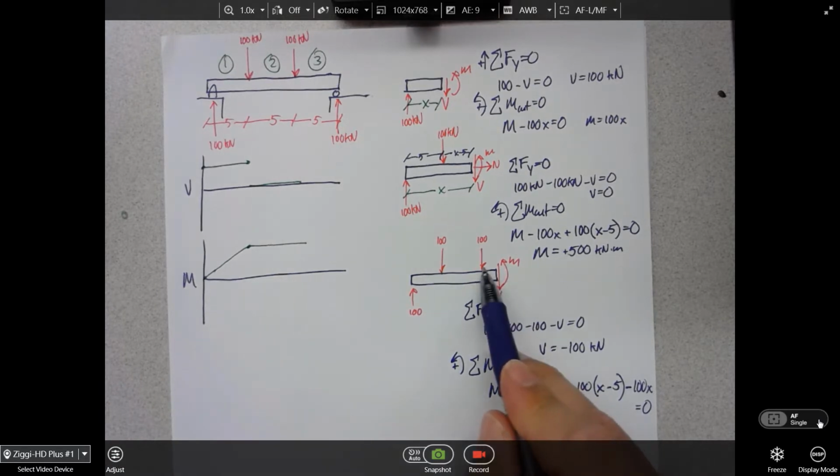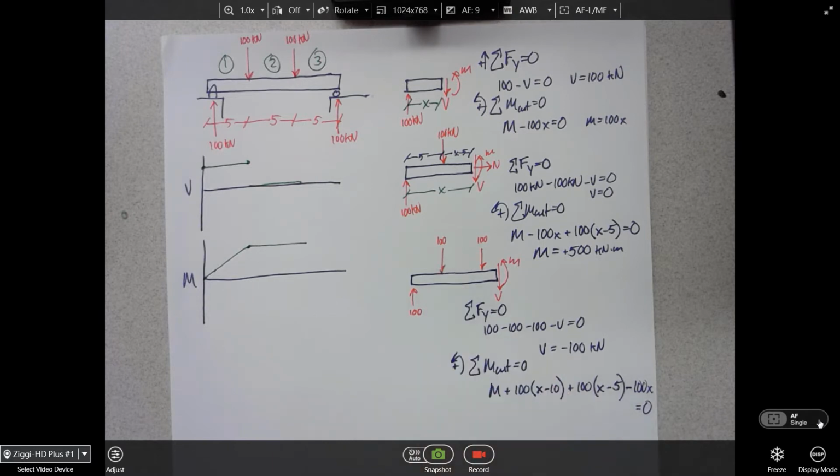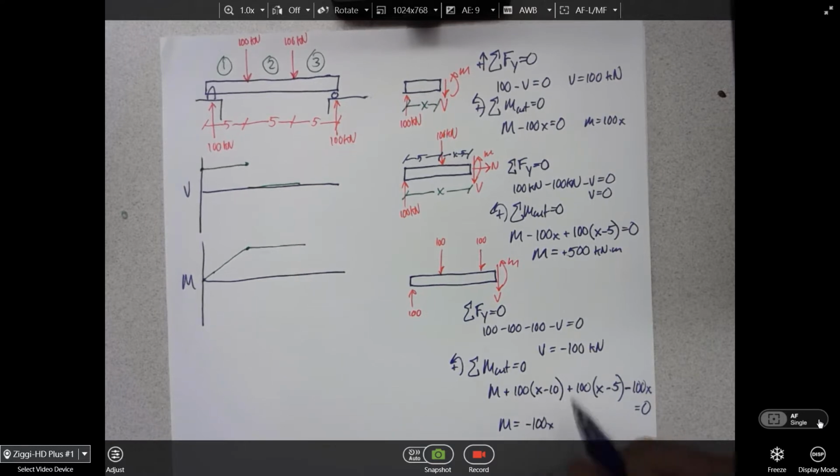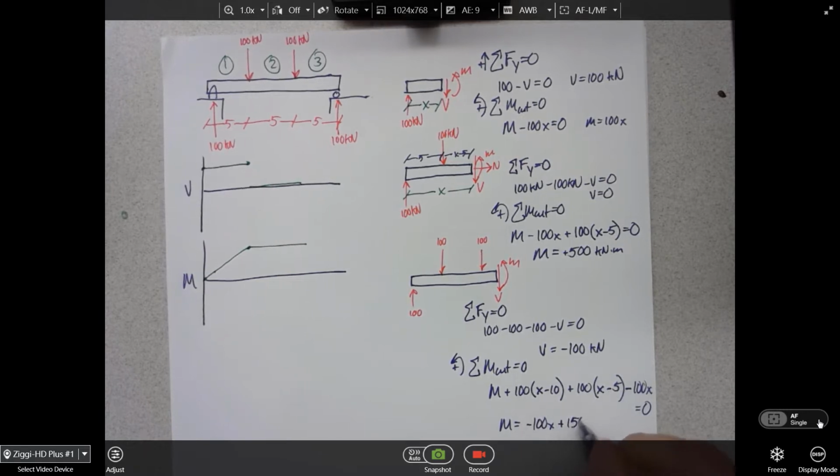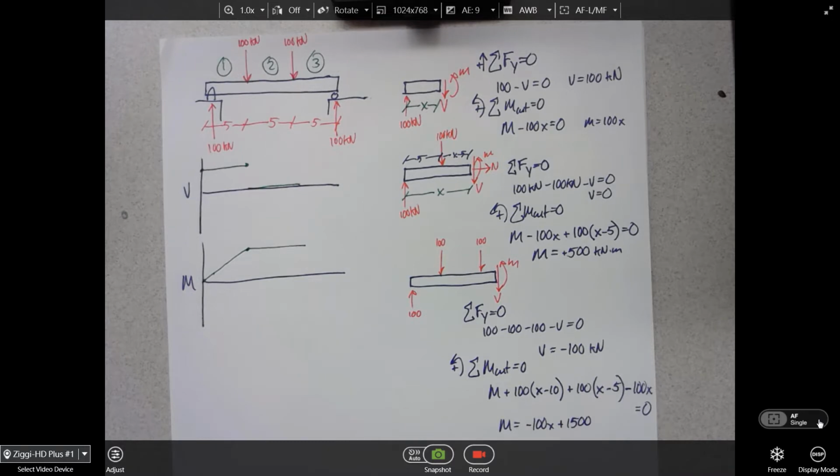So this is for the closer one, this is for the further away one, and this is for the reaction at the end. So let's see, we'll have 200x minus 100x, so M is going to equal negative 100x. This would be minus 1,000 minus 500, so plus 1,500. Okay.